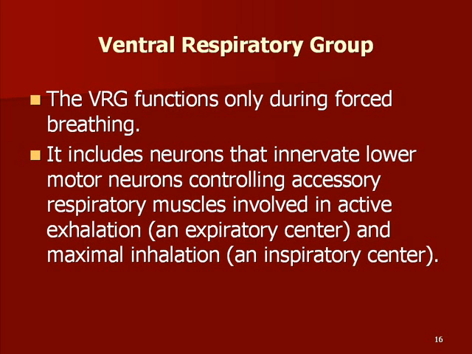It includes neurons that innervate lower motor neurons controlling accessory muscles of respiration involved in active exhalation, the expiratory center, and maximal inhalation, or the inspiratory center. If you don't recall the accessory muscles of respiration, I recommend you review that, also covered in the respiratory chapter in your textbook.